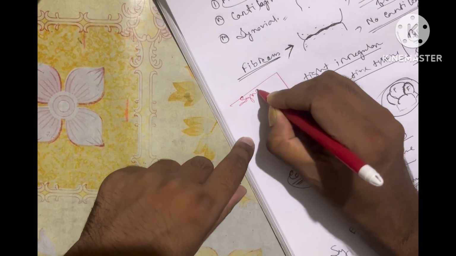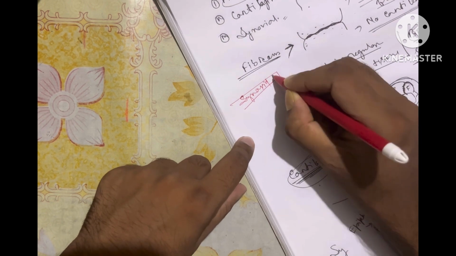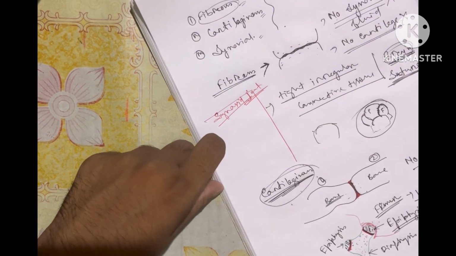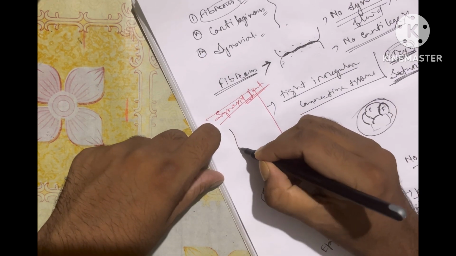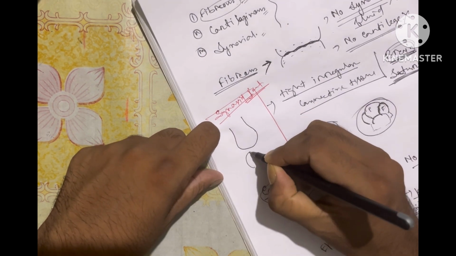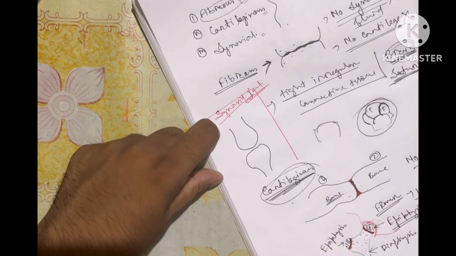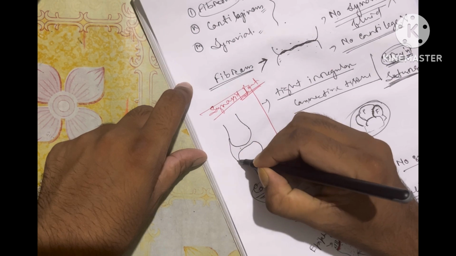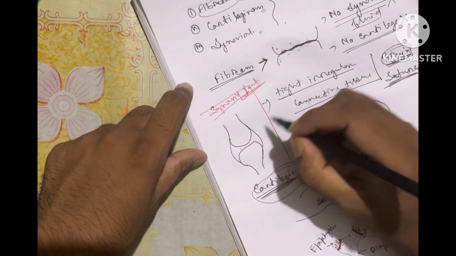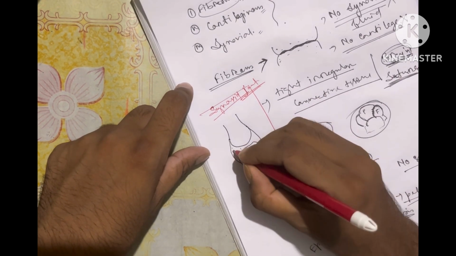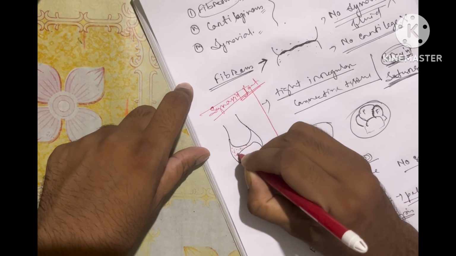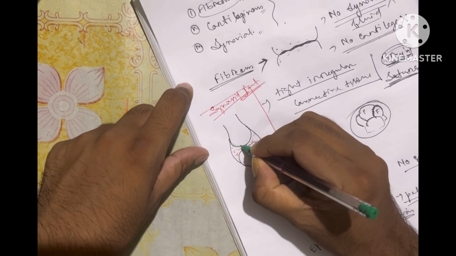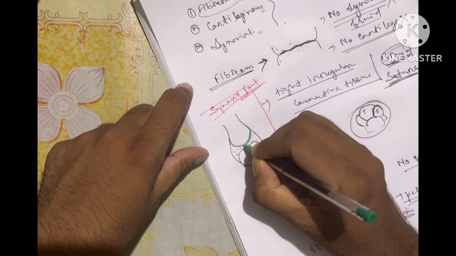In the case of a synovial joint, this is one bone and this is another bone. In between both the bones we have some kind of synovial fluid. One kind of fluid is present, and the heads are covered with cartilage.